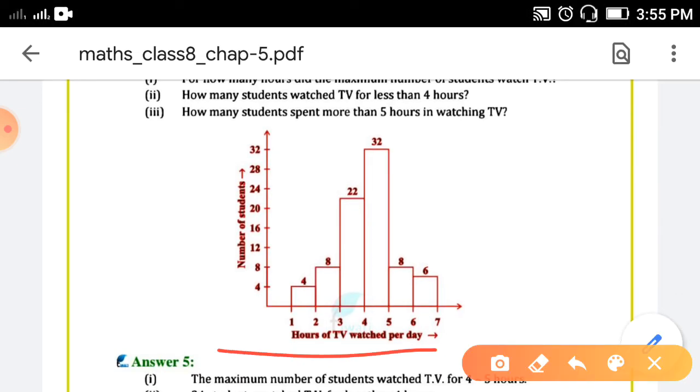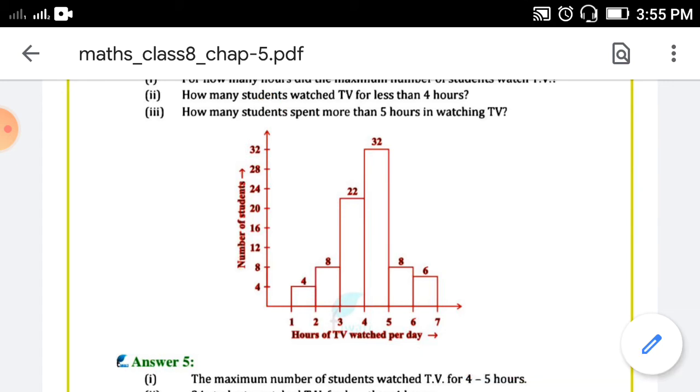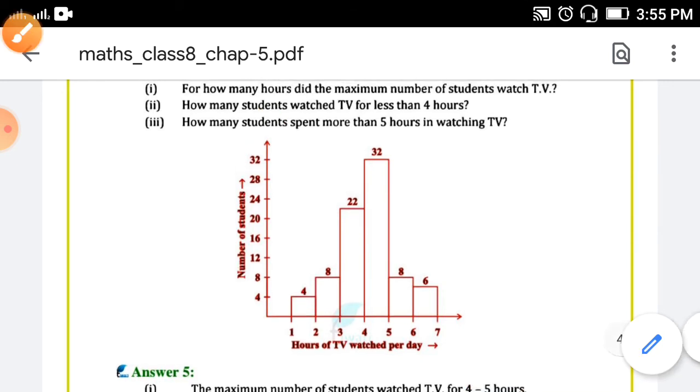It is the number of students who watched TV per day. For how many hours? Okay. So here number of students, it is 4, 8, 12, 16. Okay. And here it is written 1, 2, 3, 4, 5 and 7 days. First question, how many hours did the maximum number of students watch TV?